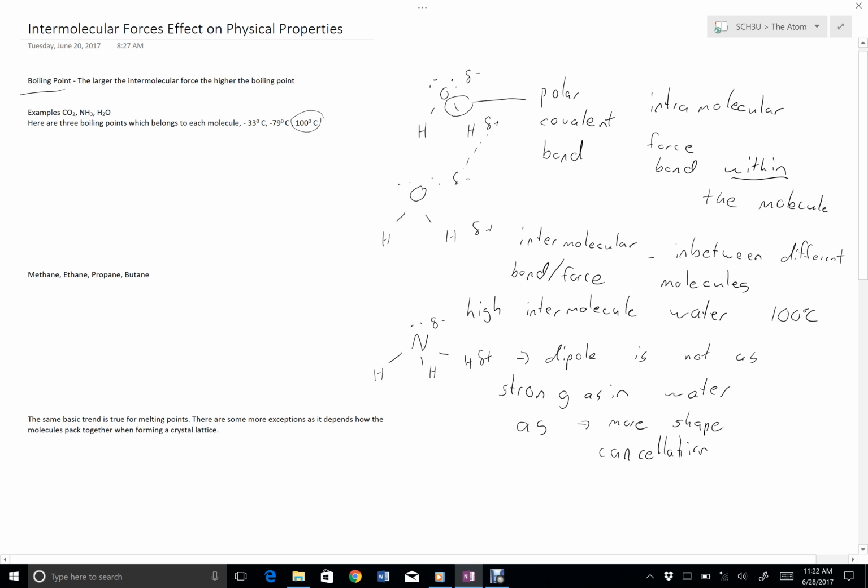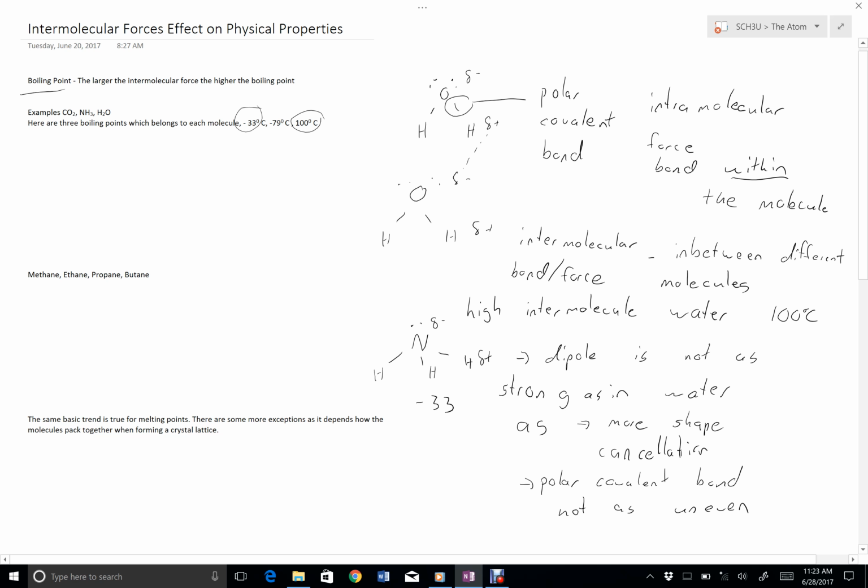This shape is just a little bit closer to being symmetric than this shape. And the polar covalent bond isn't as uneven. So what that means then is that this one is going to have a lower boiling point at -33.